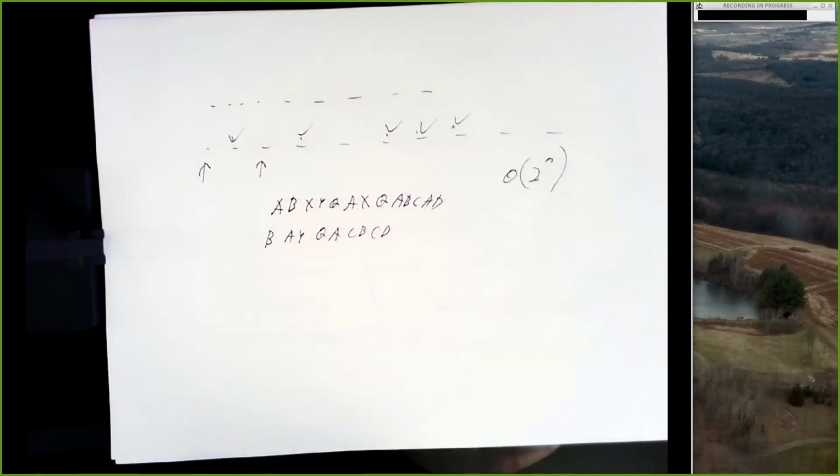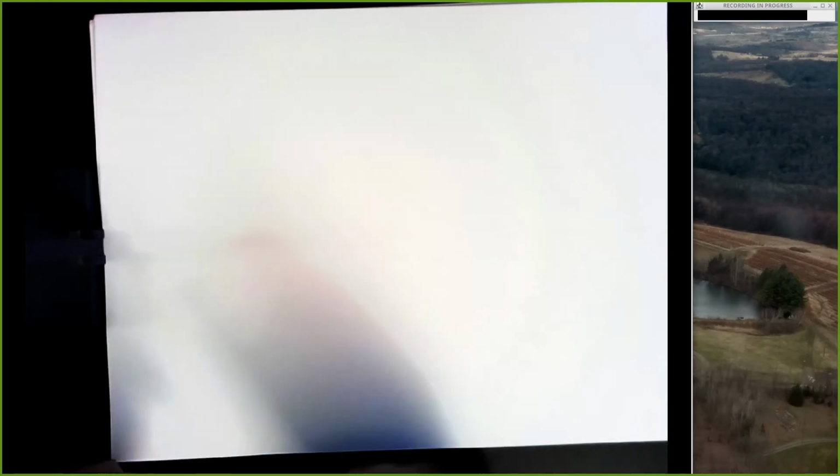But it turns out there's a way we can think of this problem in terms of subproblems. And that's the recurring theme in any of this dynamic programming stuff: taking a problem and thinking of it as a subproblem. So let's define our function LCS.